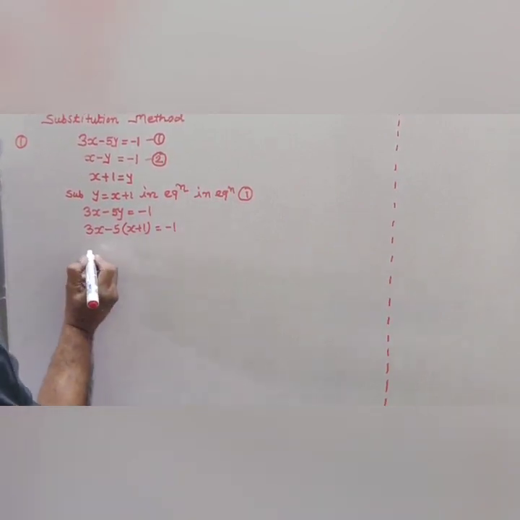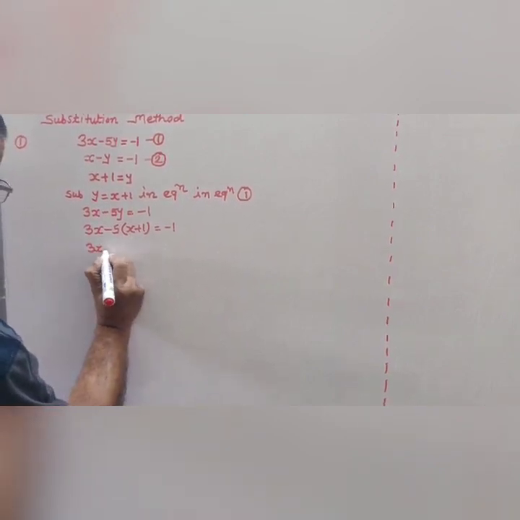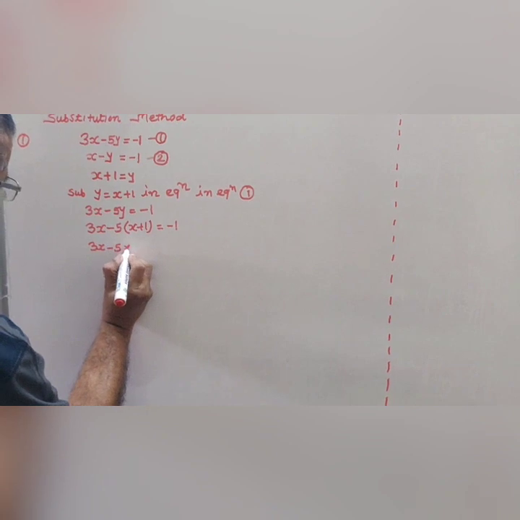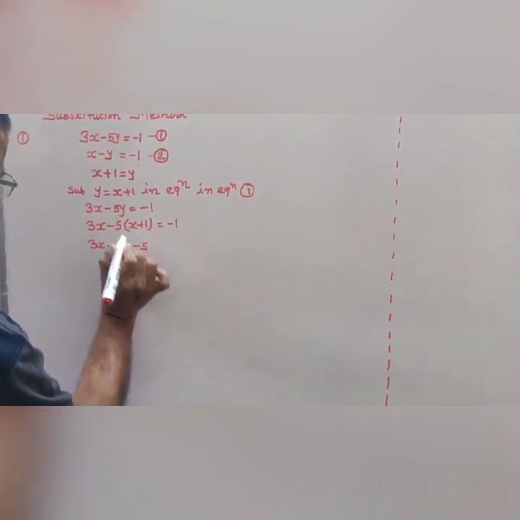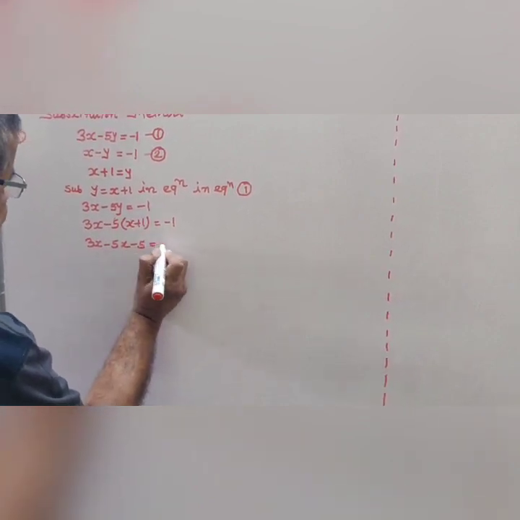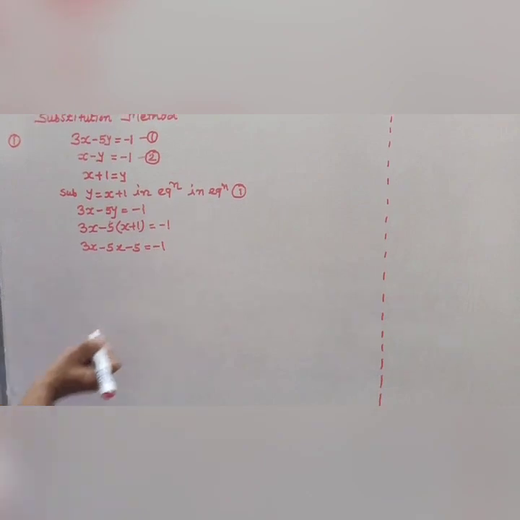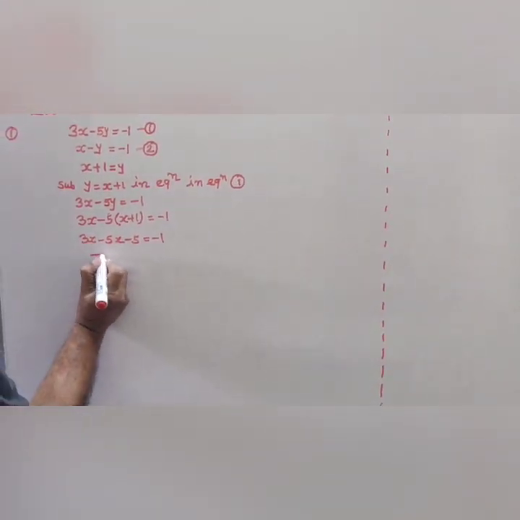Now I will open the bracket. So 3x minus 5x, 5 into x is 5x, minus 5 into plus 1 is minus 5, is equal to minus 1.